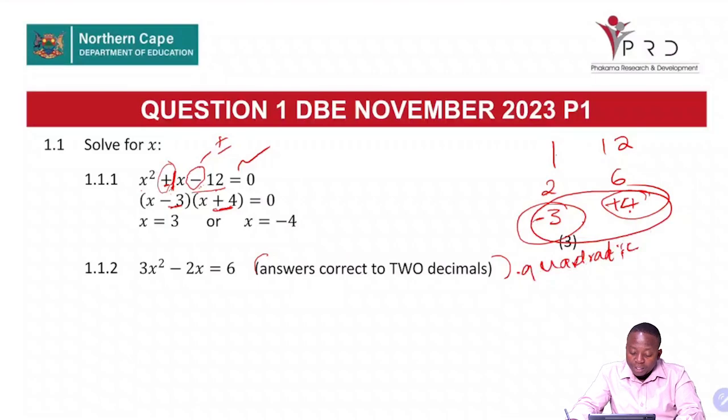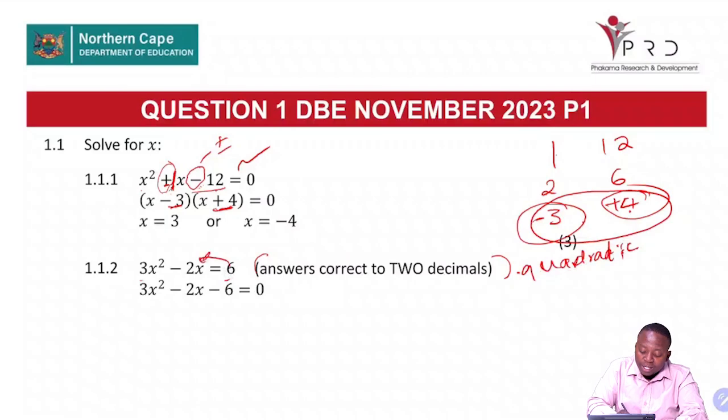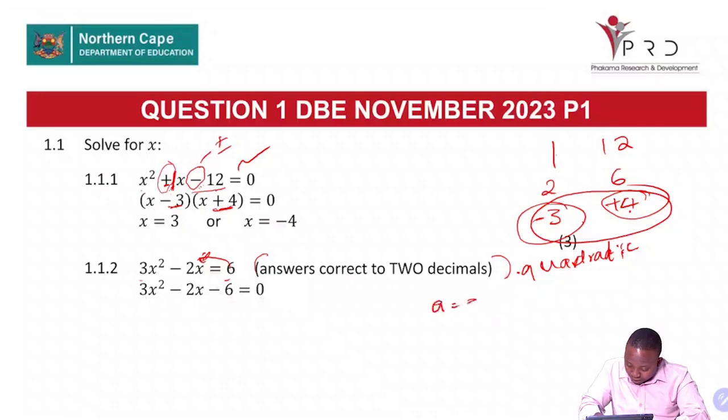But before we do that, we must have this in standard form. So the first step is to transpose the 6 to the other side, which is our left-hand side, and we have it in standard form. When we have it in standard form, we can now see that our a is going to be 3.